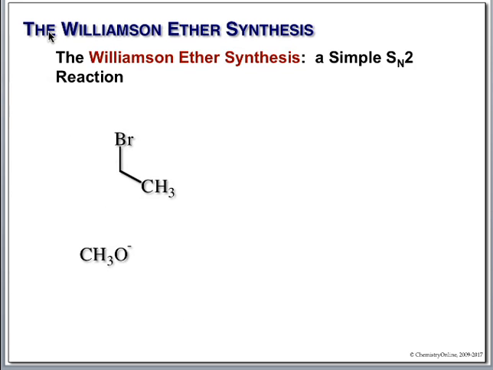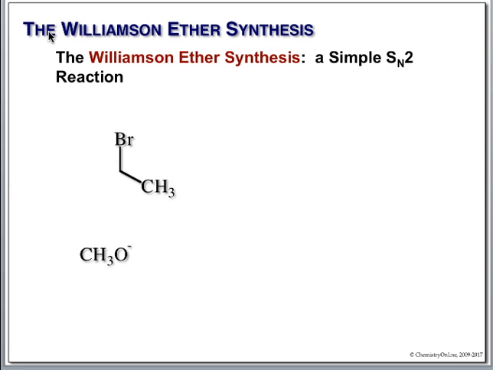All right, how do you make ethers? Well, a guy named Williamson got his name tagged on this, and it's the simplest reaction in the world. Nonetheless, he's famous for the Williamson ether synthesis. All you do is take an alkoxide of some sort and an alkyl halide. You can have anything here with a decent leaving group. We'll talk about that in a second. But here we have methoxide.